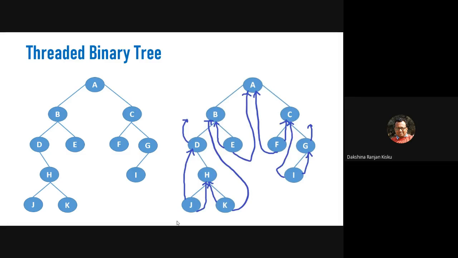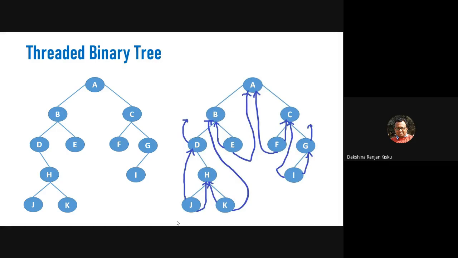The in-order predecessor for node D will be found to be empty. So here you can see that the arrow indicates nothing. The left pointer is set to the in-order predecessor, which in this case is empty, so this arrow indicates nothing.